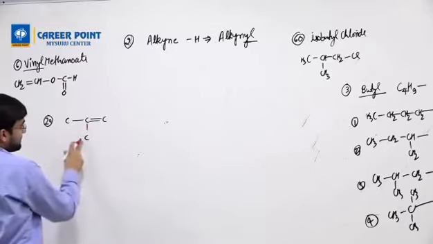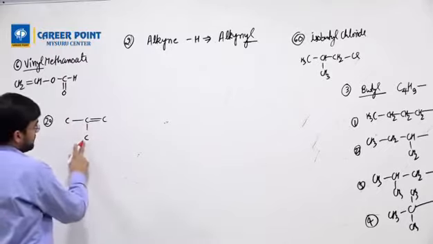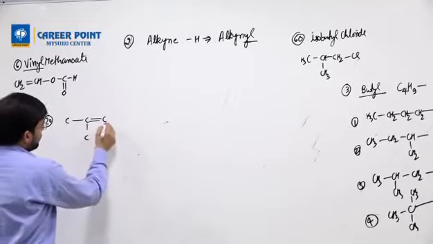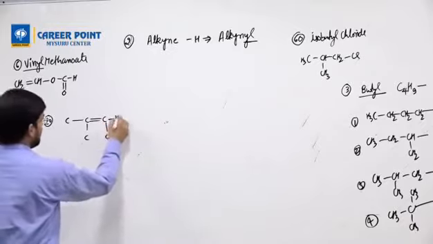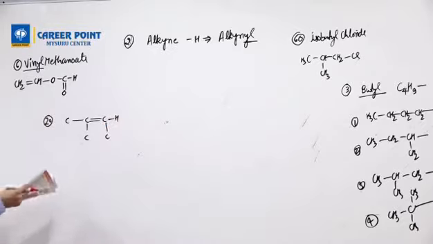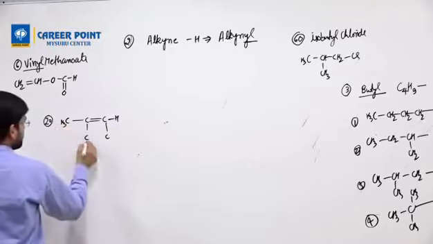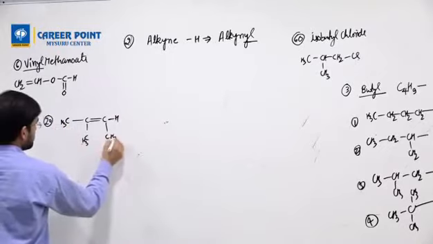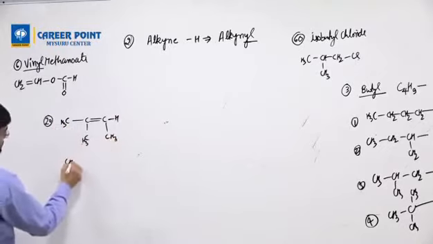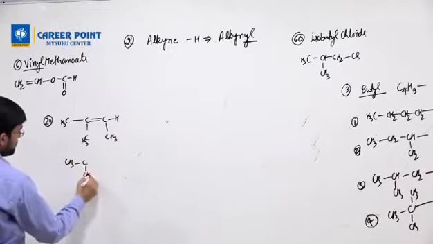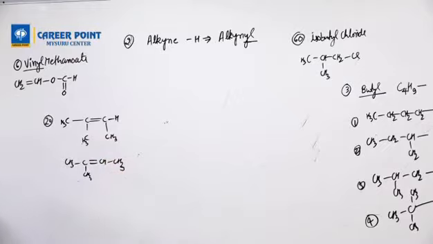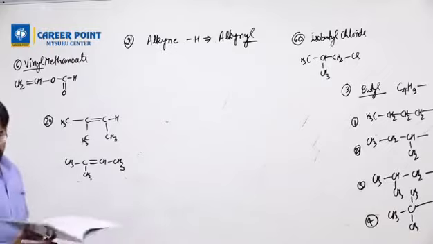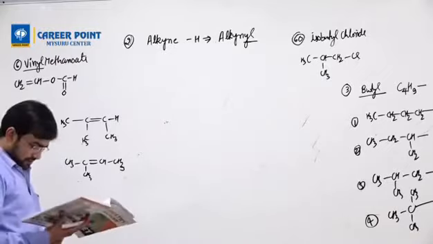This is primary, this is primary. Now we can make one more primary here, and then it will become an H. It could be written as CH3 C, CH3 double bond CH, CH3. So it gets 3 primary, and it becomes an isopentene. Question number 20 done.